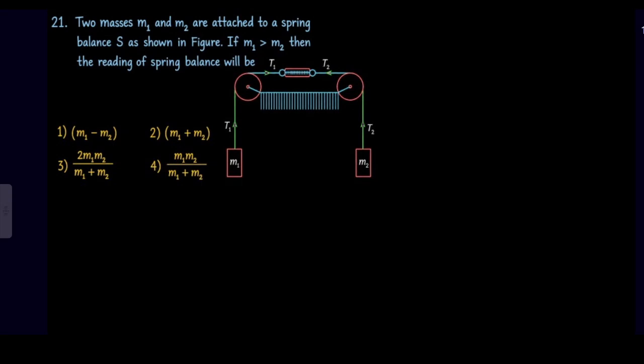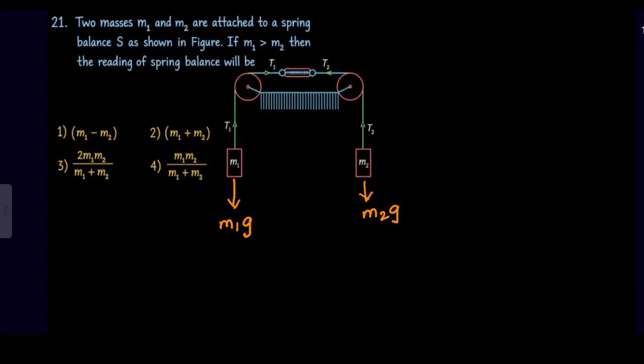First, find the acceleration of the system. Here this weight is M2G and this weight is M1G. Whose weight is more?